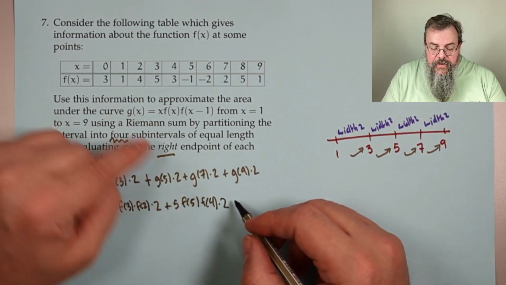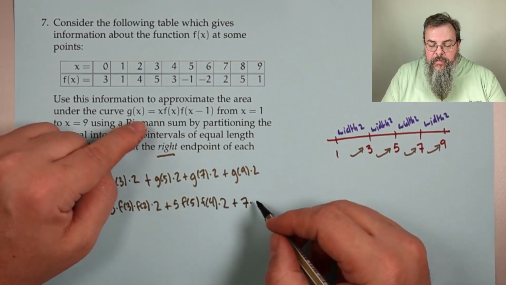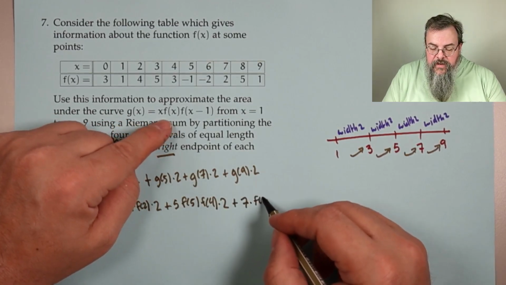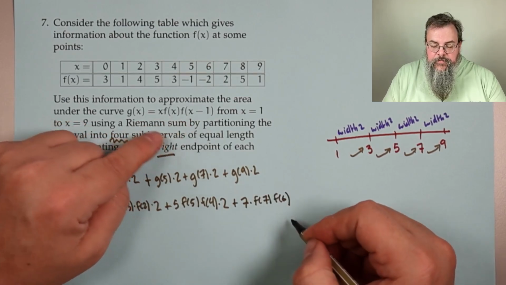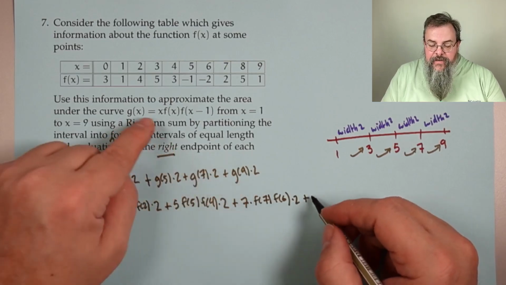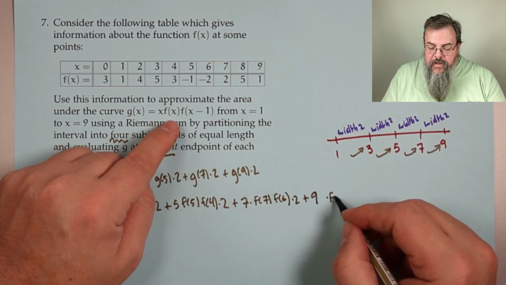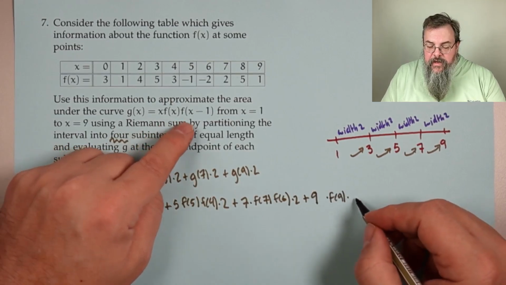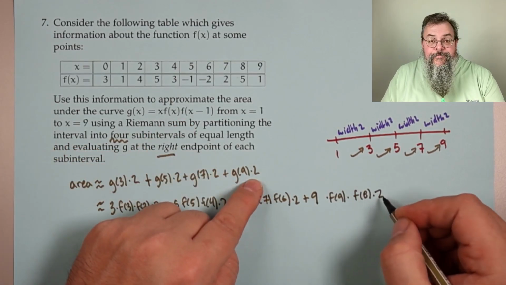G of 7, well, that would be 7 times f of 7 times f of 6. And don't forget that 2. And g of 9 is going to be 9 times f of 9 times f of 8. And don't forget that 2.